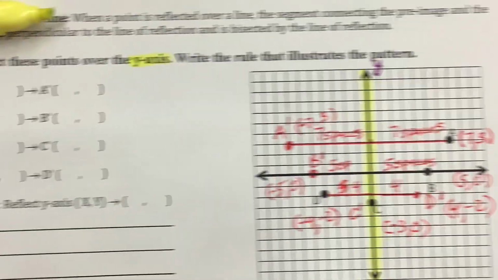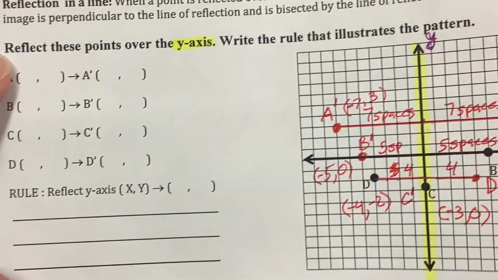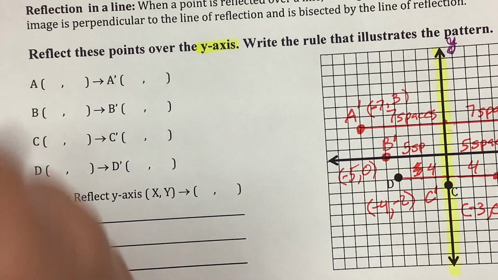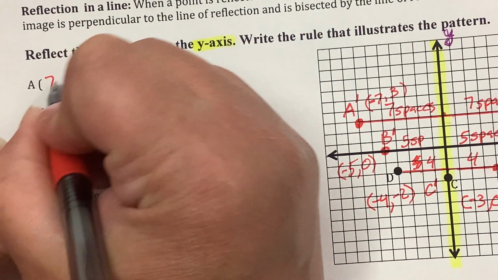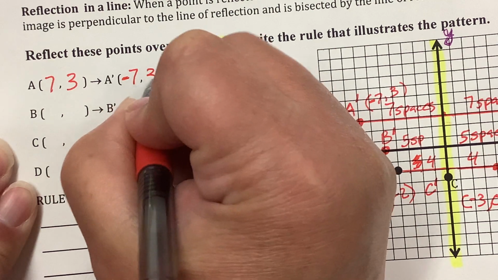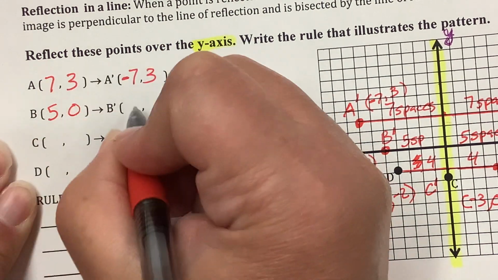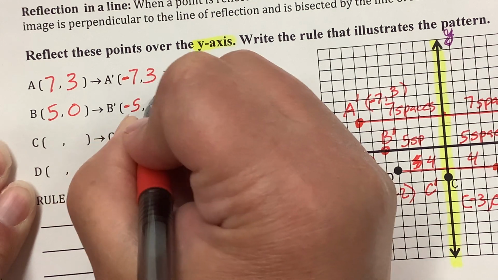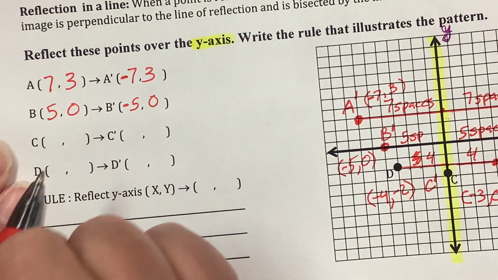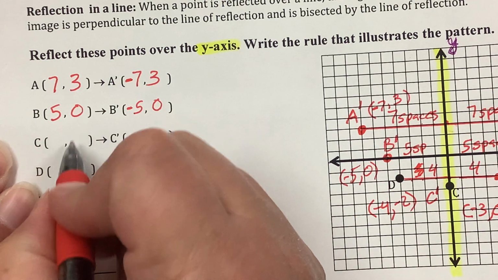So let's come over here and organize all those thoughts in one nice little chart. A was at 7, 3, and it went to A prime at negative 7, 3. B was at 5, 0, became negative 5, 0. C is the one that didn't move because it's on the line of reflection.